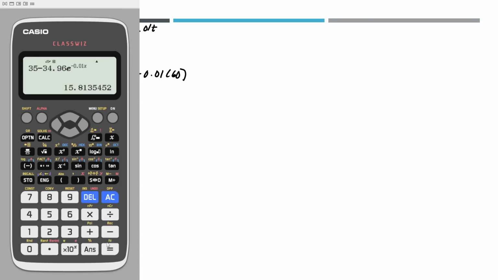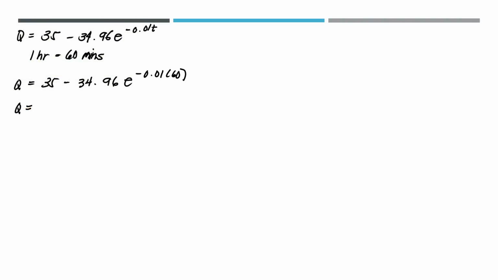Therefore we have 15.814. Ano unit? Grams, of course.